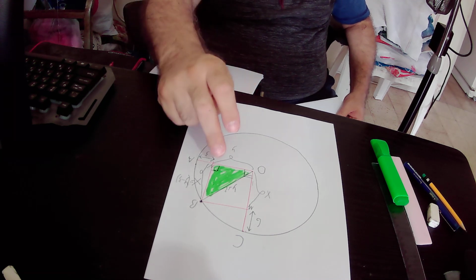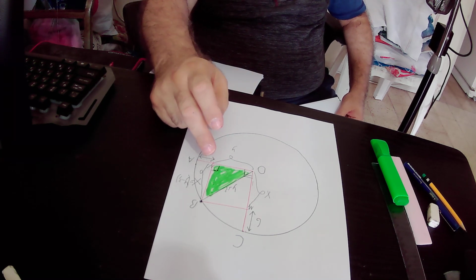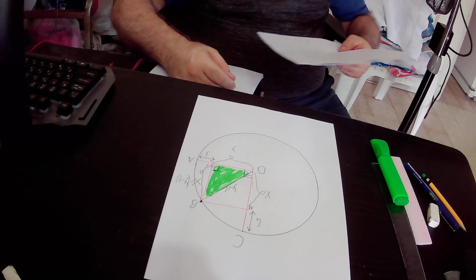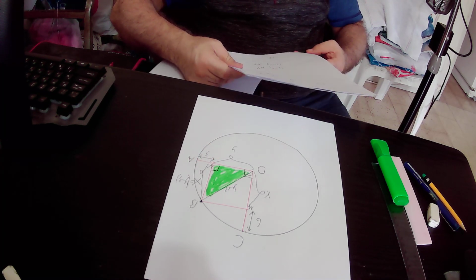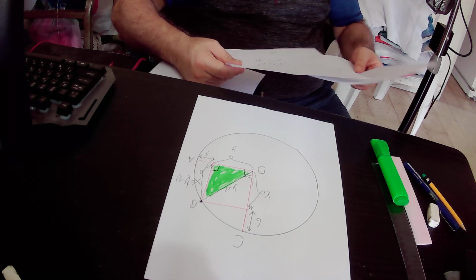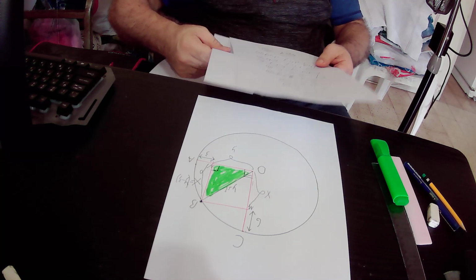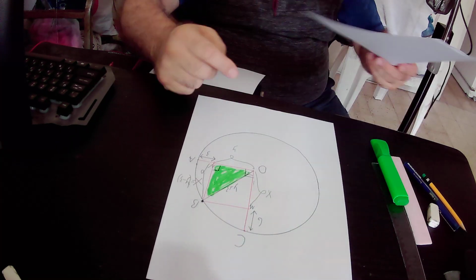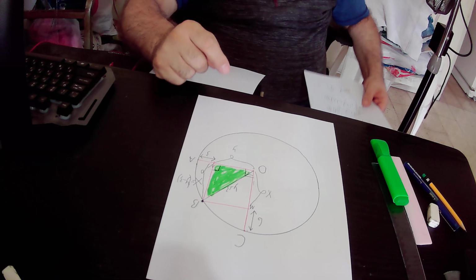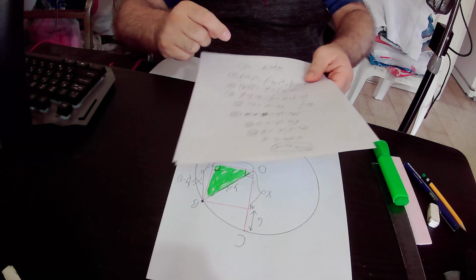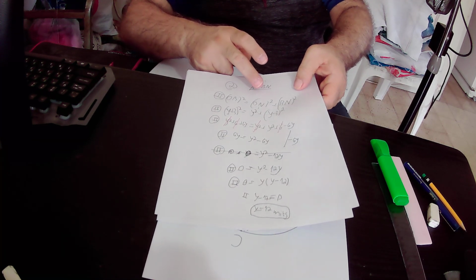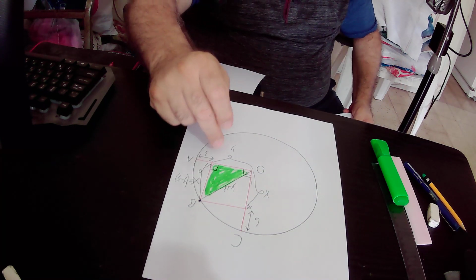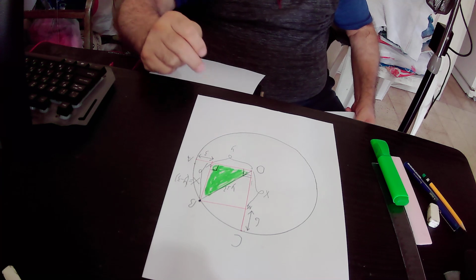So we can use the Pythagorean theorem in order to find out the value of y. According to the Pythagorean theorem, the square of the hypotenuse, that is to say OB square, equals the sum of the squares of the perpendiculars, equals ON square plus BN square.